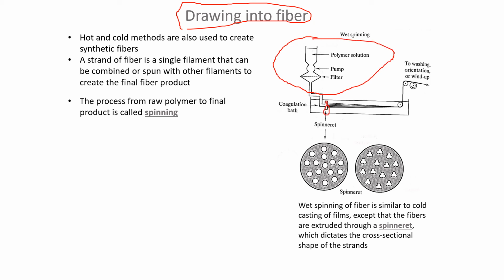The type of holes in this spinneret will produce different types of final product. So the kind of spun fiber will identify the manufacturer of that fiber and spinneret. This is usually used for rayon.